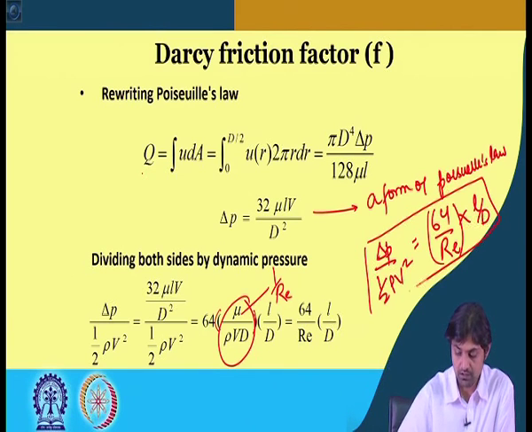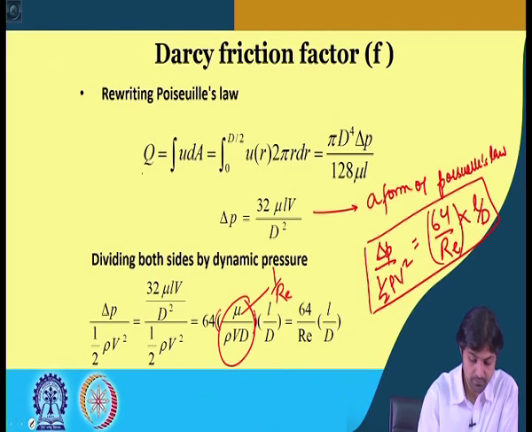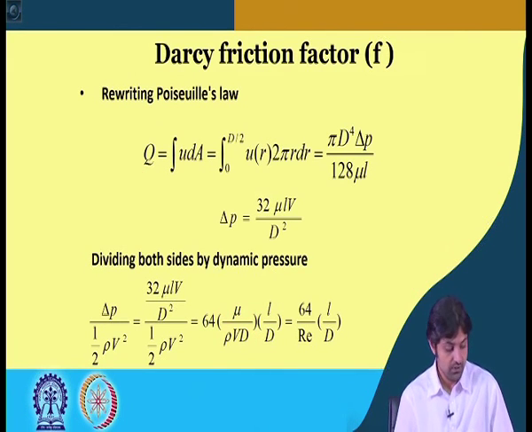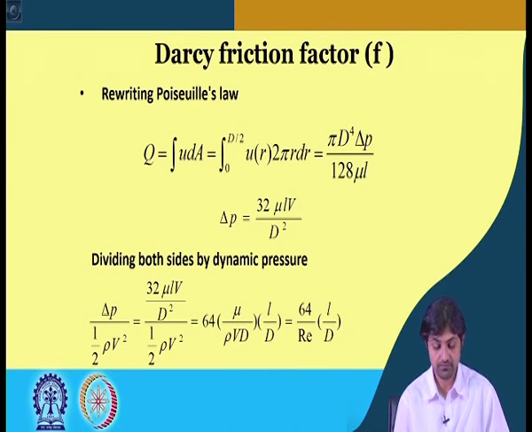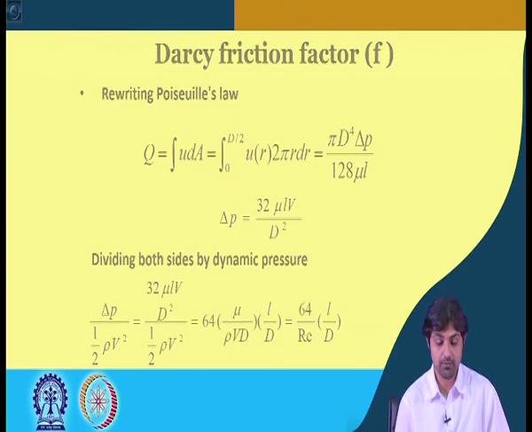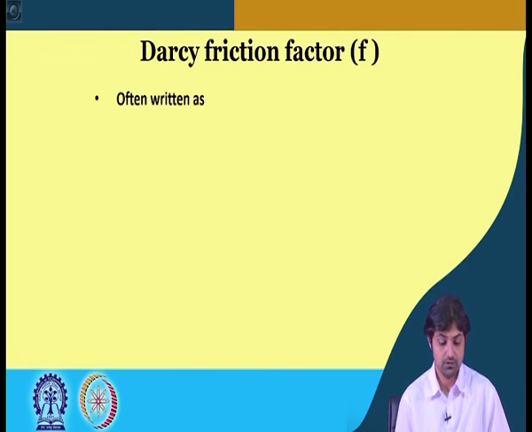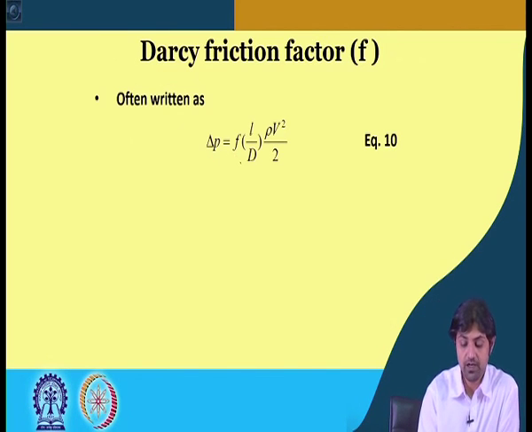All right. So you see, we would see later that this 64 by Re is termed as Darcy friction factor F. Darcy means this is for the laminar flow. So this is often written as delta P is equal to F into L by d rho v square by 2.